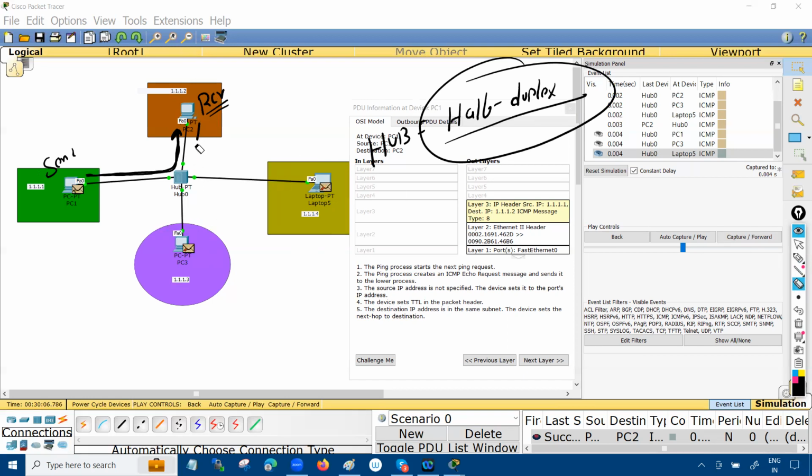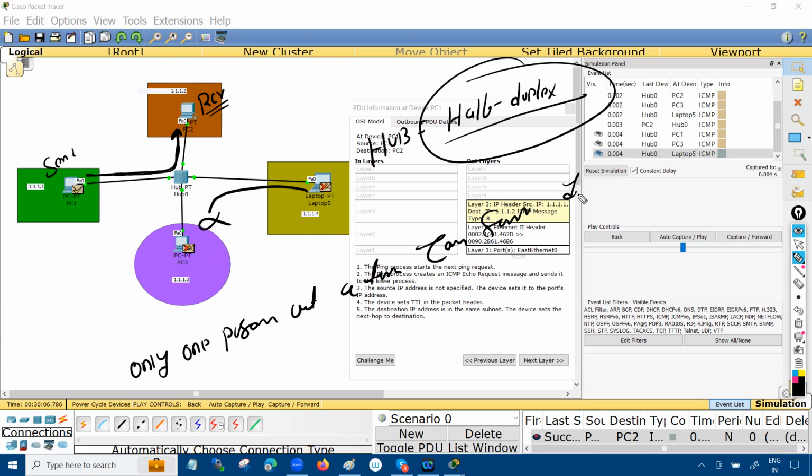Even PC4 cannot send any data to PC3 in half duplex. Only one person at a time can send the data. Only one. That's the meaning of half duplex.